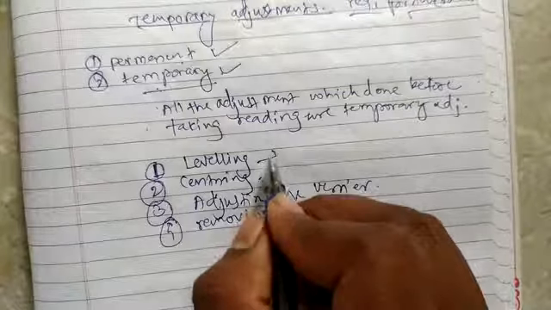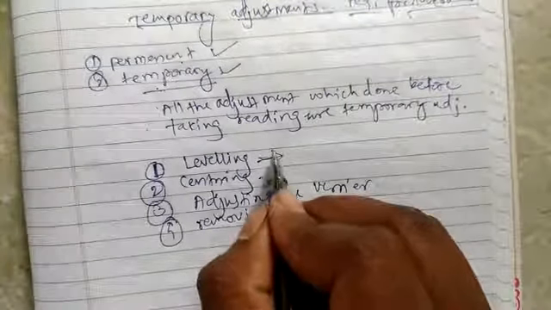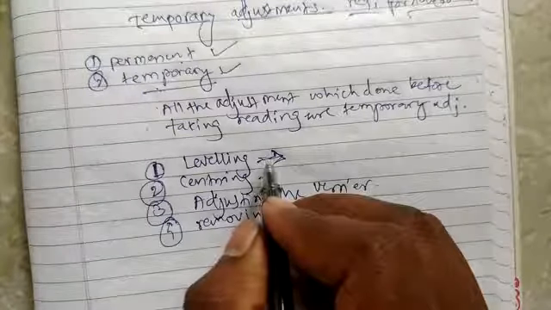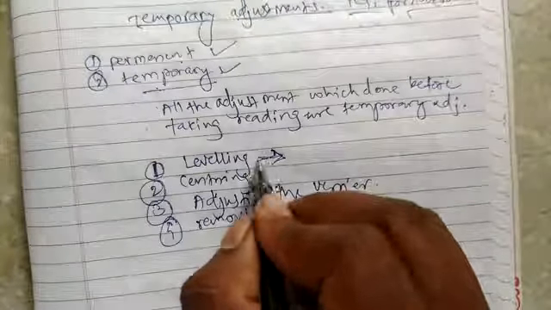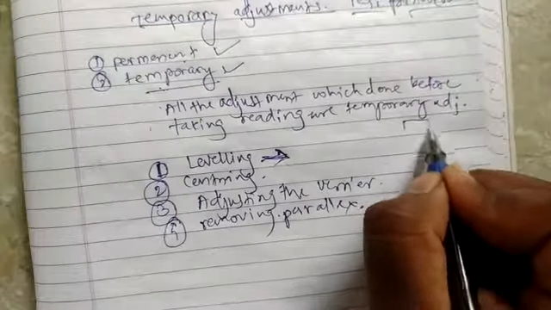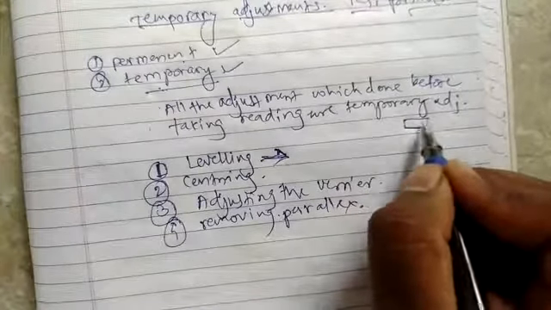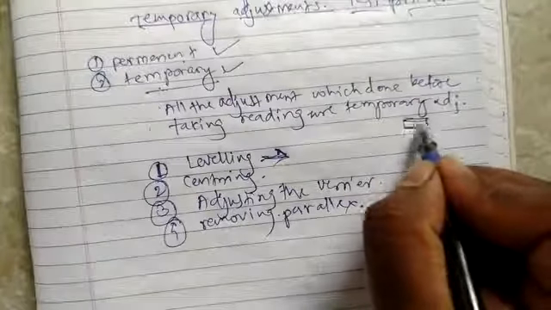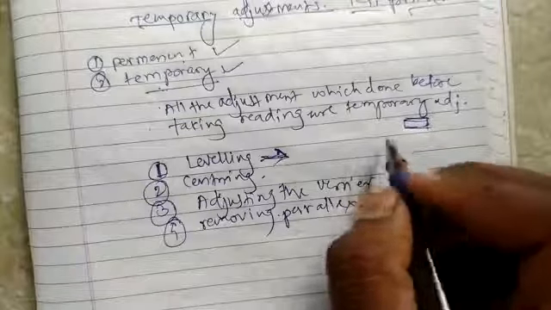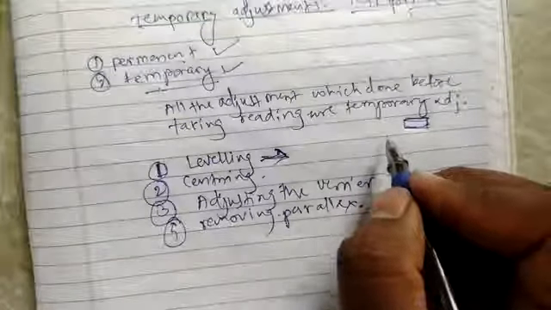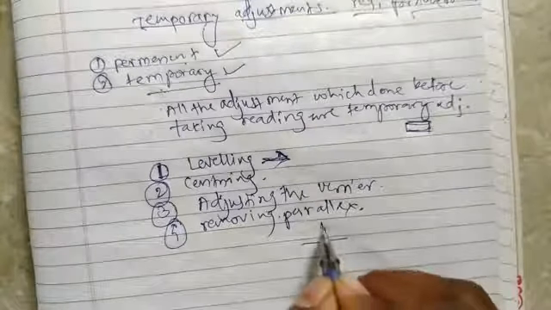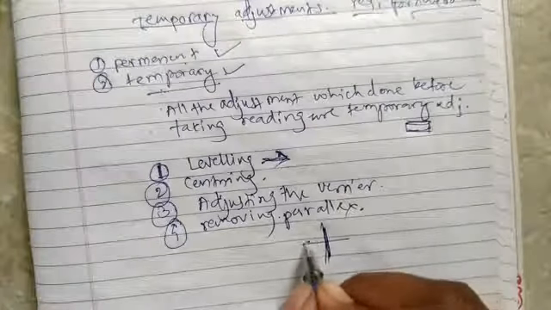First one is leveling. When we place the theodolite at a point, the first adjustment is leveling. As we are measuring angles in the horizontal and vertical planes, it is obvious that we should be in a perfectly horizontal or vertical plane to take accurate readings.